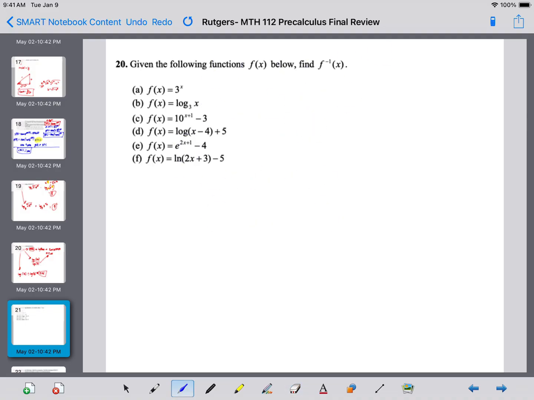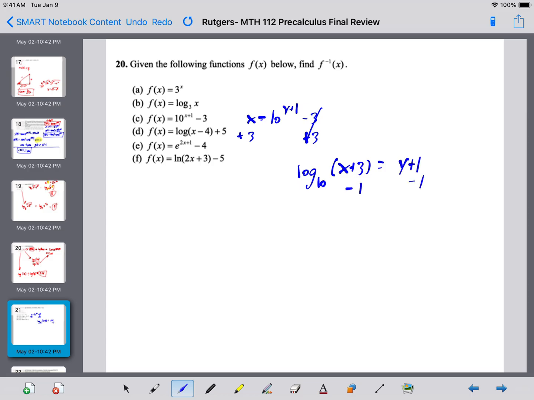For part C, I'll just switch the x and the y to begin with. So we have x equals 10 to the y plus 1, minus 3. In order to use a log, you have to isolate the base. So we have log base 10 of your argument, x plus 3, equals the exponent y plus 1.